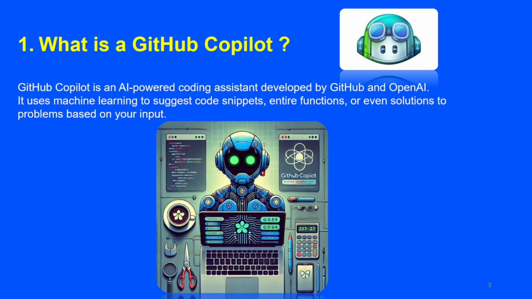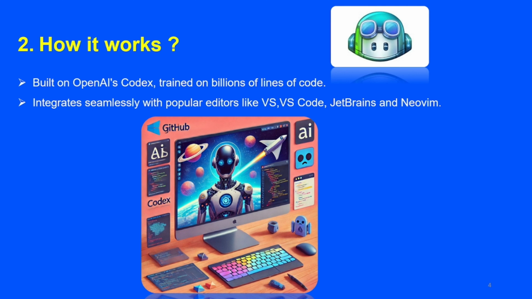Next, we will try to understand the second point, how it works. GitHub Copilot is built on OpenAI. It's trained on a lot of models, and we can integrate it with popular tools like Visual Studio Code, JetBrains-related tools, and Neovim.